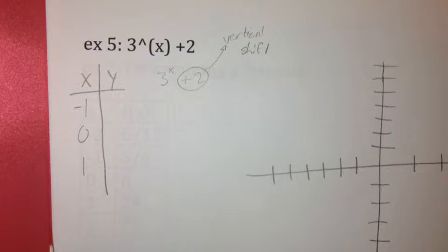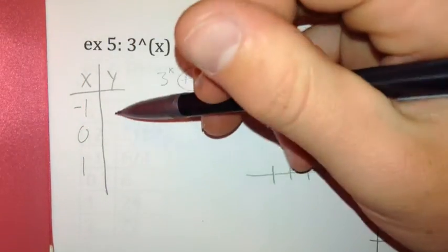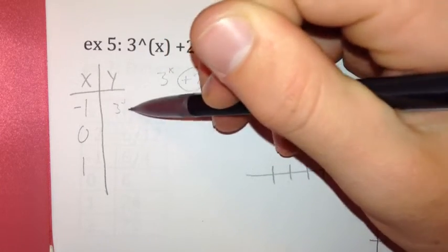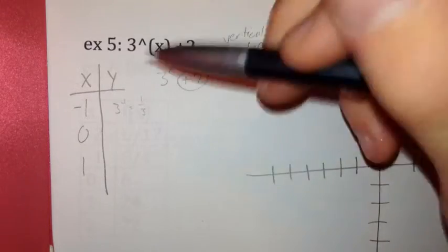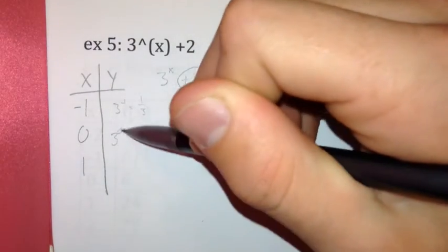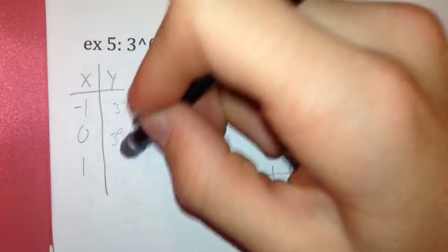Okay, so nothing changes. We have 3 to the -1. See that? Which equals 1 over 3. Next we have 3 to the 0, which equals, oh, not 0. It equals 1.